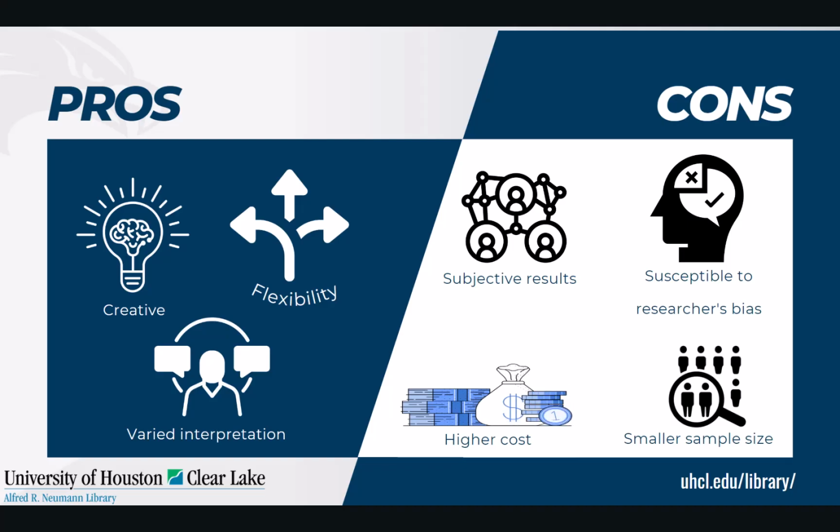However, some of the downsides to qualitative research is that because the results are open to interpretation, this means that the results are subjective and can be open to bias and other interpretations. And they typically result in a higher cost in order to conduct the research, as well as having a smaller sample size.